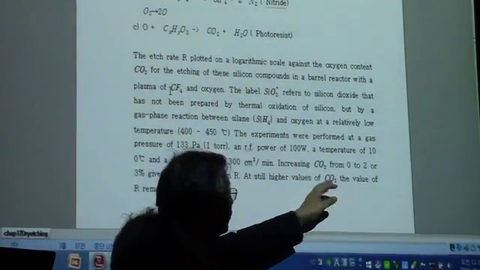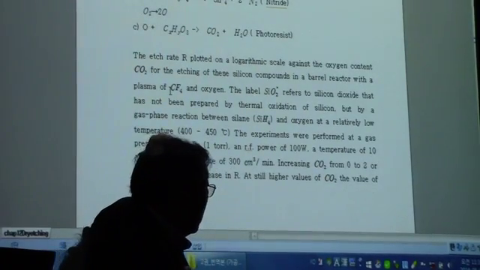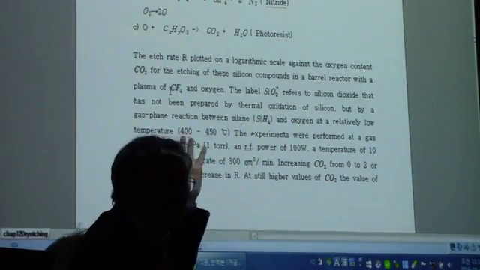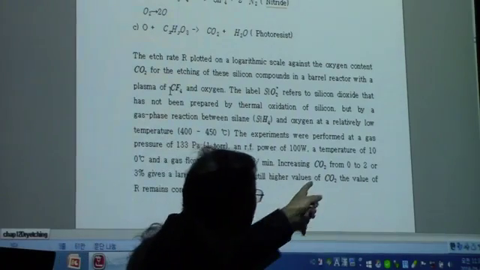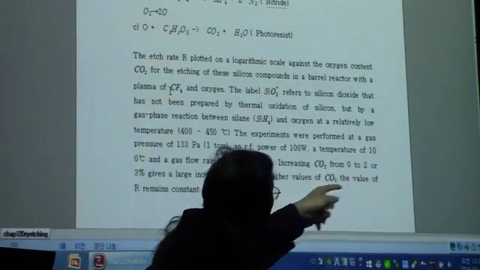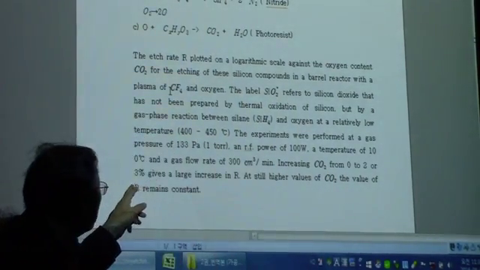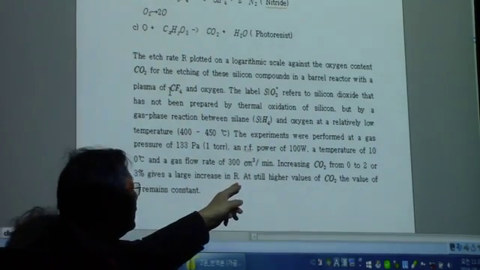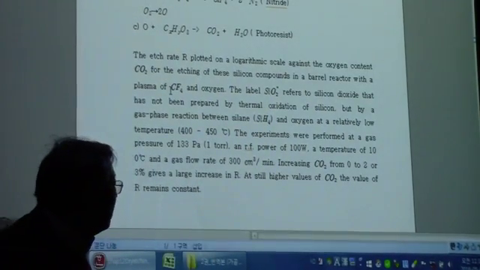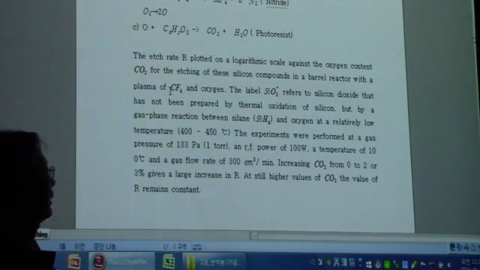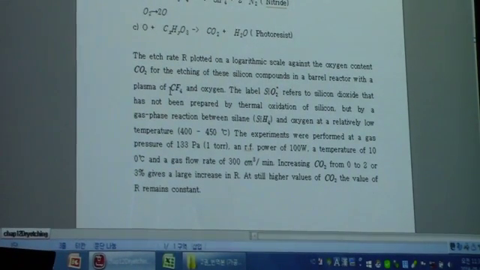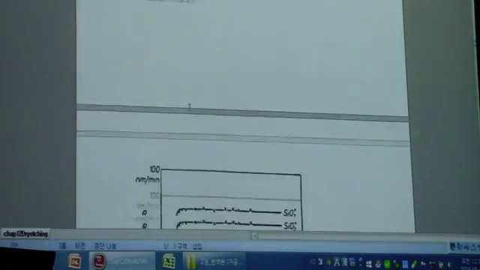We do not have any carbon dioxide here. No carbon dioxide, okay? Going from 0 to 2 or 3% gives a large increase in the etch rate, but at still higher values of oxygen concentration, the etch rate R remains constant.